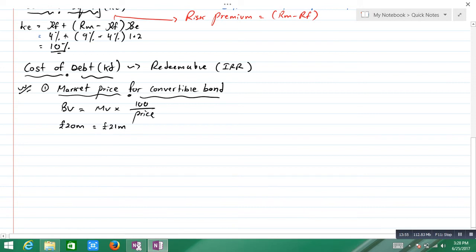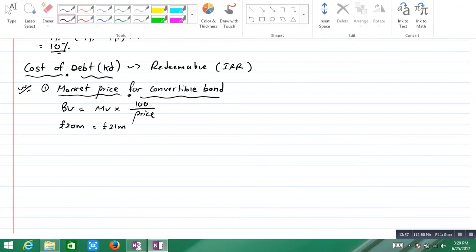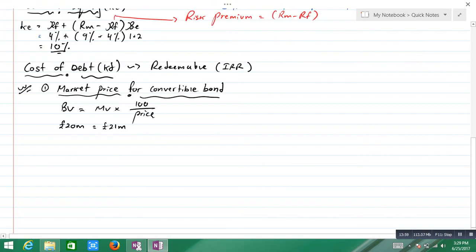Sorry, I used to do it in pounds, but this question is in dollars. So put it in dollars: 21 million dollars times 100. We're going to find the price here. So the price is your market price.